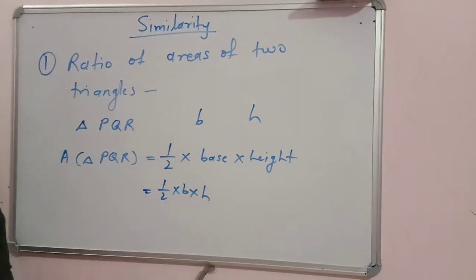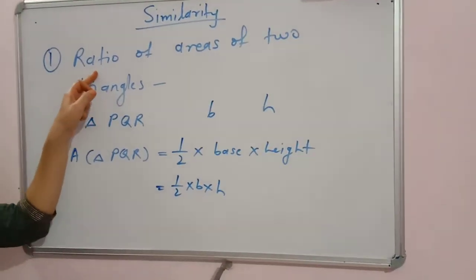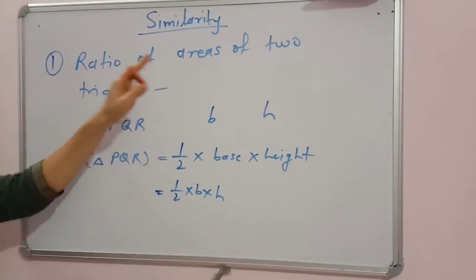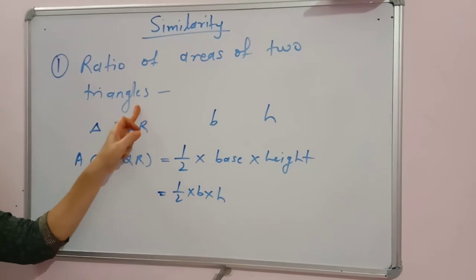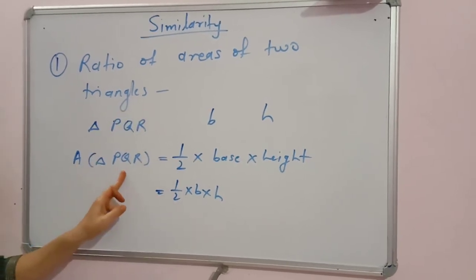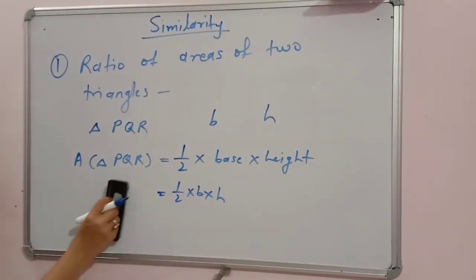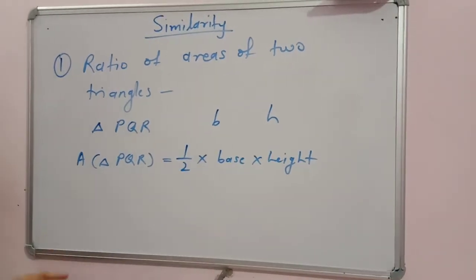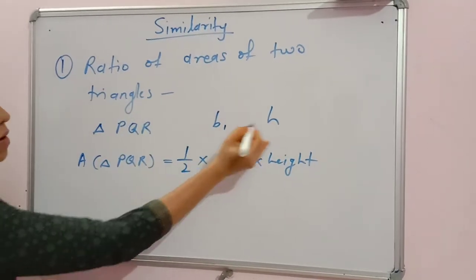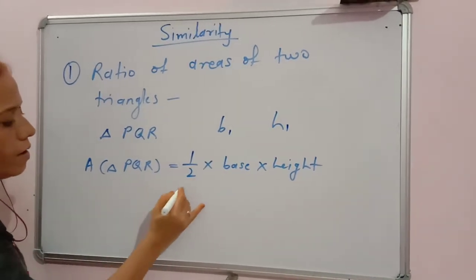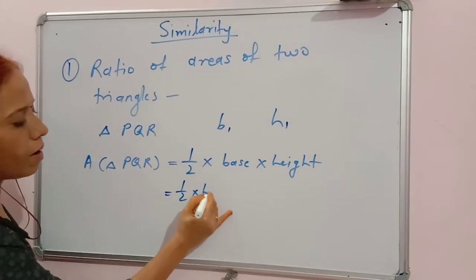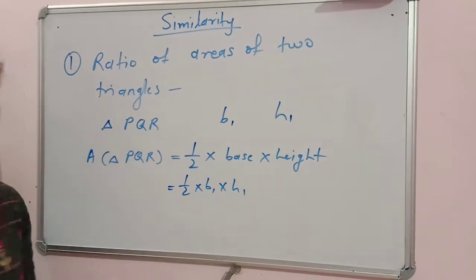So if triangle PQR has base B and height H, then its area is 1/2 B into H. And when we say the ratio of areas of two triangles, we have to consider two triangles. Suppose this is triangle PQR, it has base B1, height H1, so its area is 1/2 multiplied by B1 multiplied by H1.